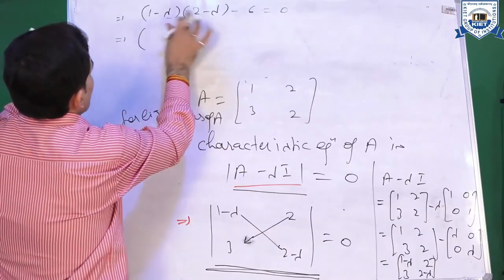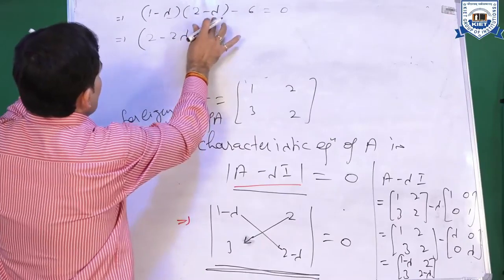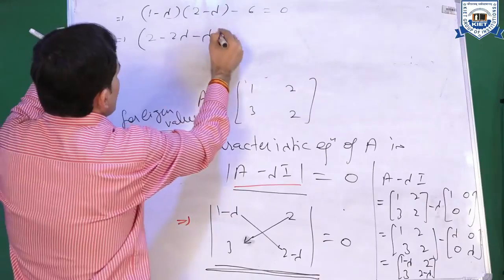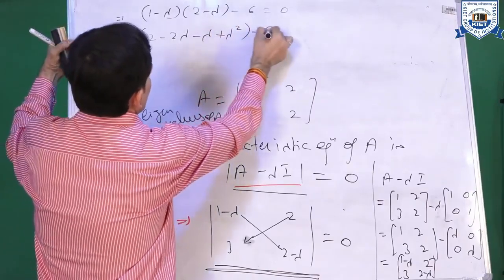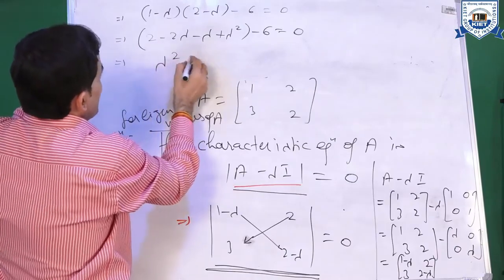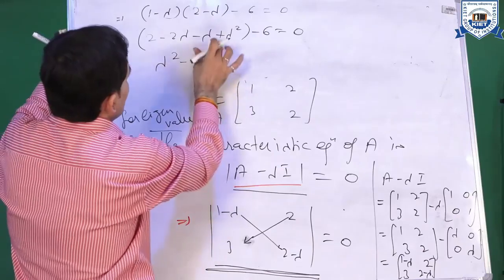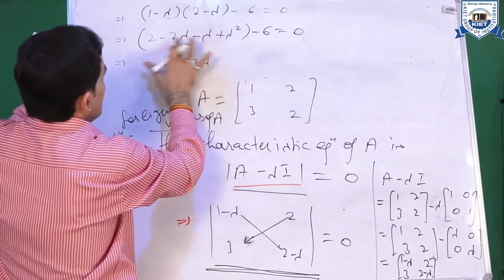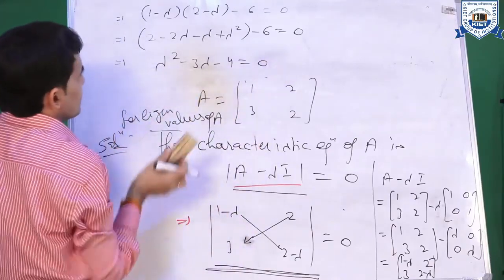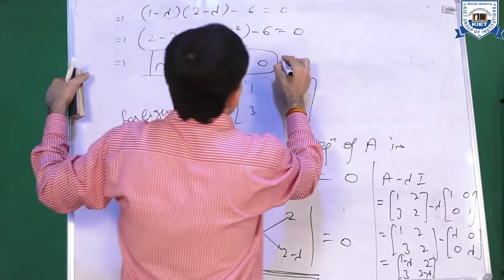And we have 2 minus 2 lambda minus lambda plus lambda square minus 6 is equal to 0. So we have lambda square minus 3 lambda plus 2 minus 6, that means minus 4, is equal to 0. This is the characteristic equation.